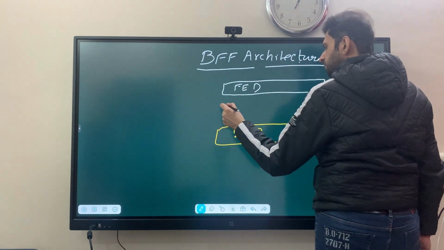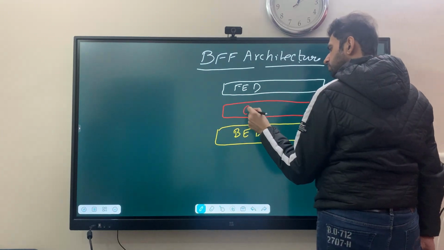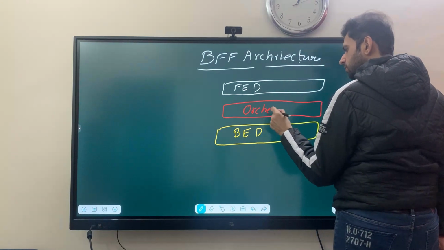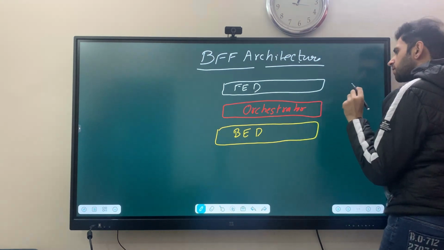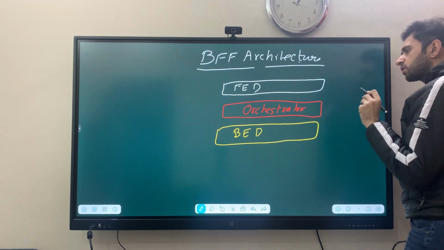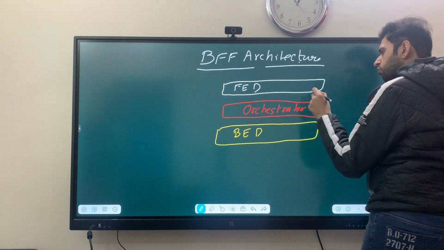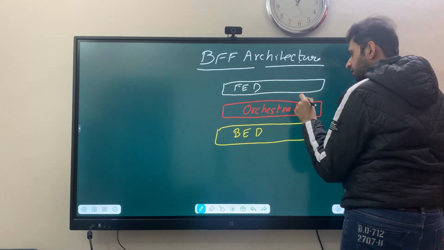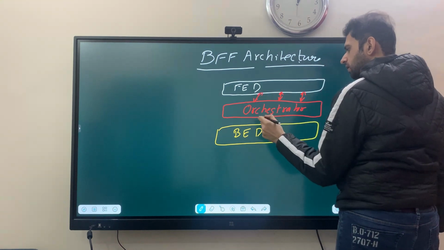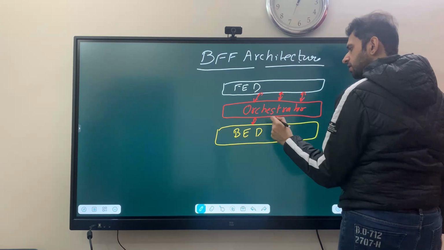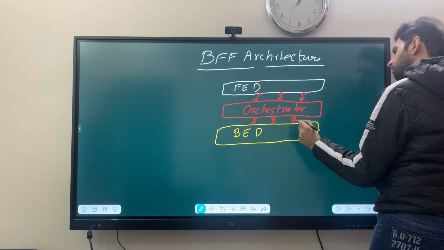We can say some sort of orchestrator. So front end can now not directly connect with the backend, so it will connect via orchestrator, and then orchestrator will connect with the backend.